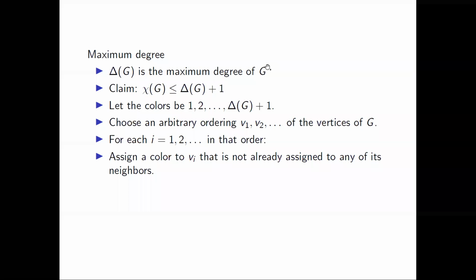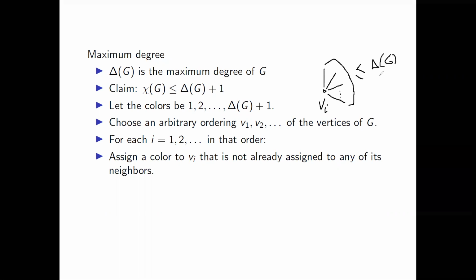So if we have some vertex Vi, it has a bunch of neighbors, and we know the number of neighbors here. There's at most capital delta of G neighbors, the max degree.